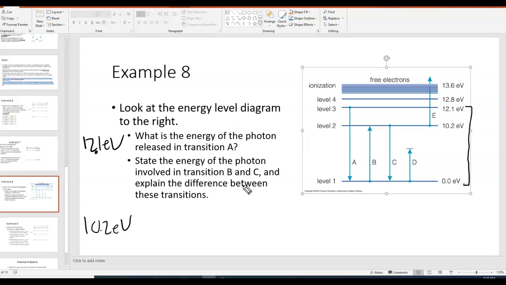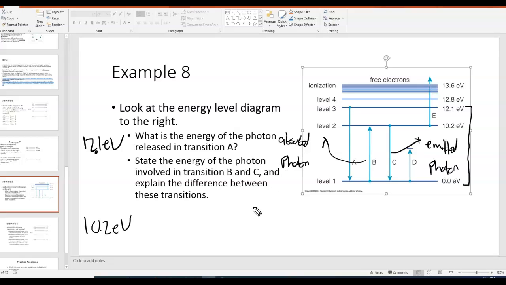Now the difference between transition B and C is that transition B is going to involve absorbing a photon, and C is going to involve an emitted photon. If you just look at which way it's going, remember the electron is sitting in the ground state.